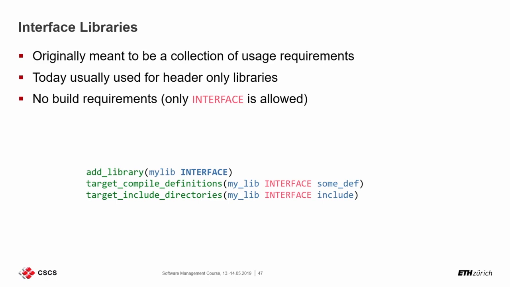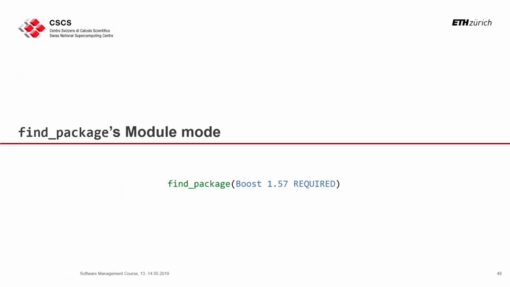And we have different such test interface libraries which set certain options, and when we link against them, we get those definitions from them. So they can really also be a collection of usage requirements, so they have certain defines connected to them. We can just use them. And of course, they have no build requirements because they are header only and they are not compiled at all. So yes, this is the part about modern CMake.